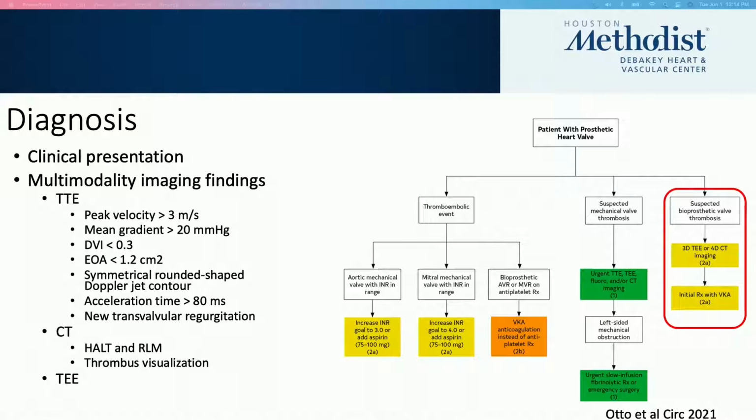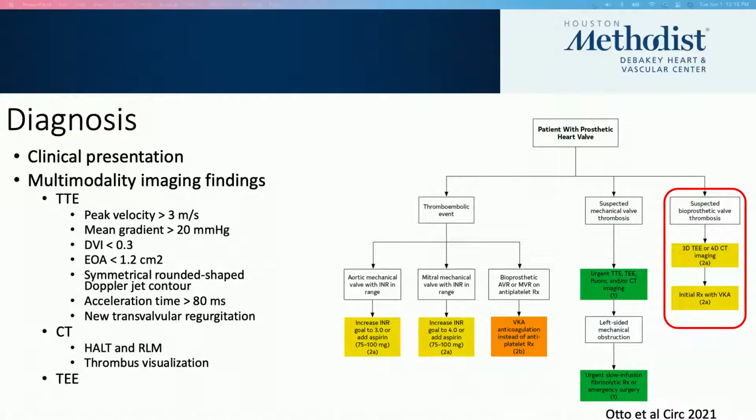Transthoracic echocardiogram findings suggesting any new valvular dysfunction, especially new valvular stenosis, such as peak velocity more than 3, a mean gradient more than 20, a DVI less than 0.3, effective orifice area of less than 1.2 square centimeters, any symmetrical rounded shape Doppler jet contour, acceleration time more than 80 milliseconds, or any new transvalvular regurgitation should be considered as a valvular dysfunction.